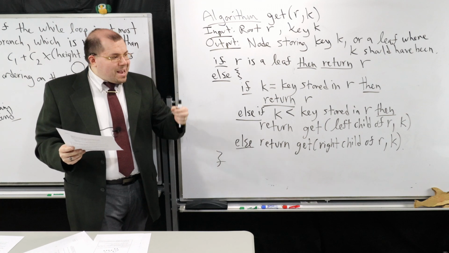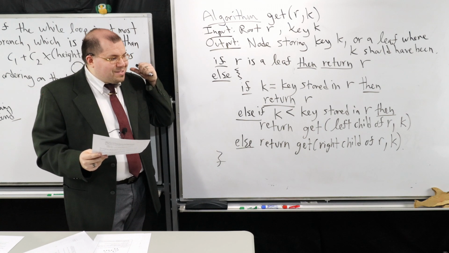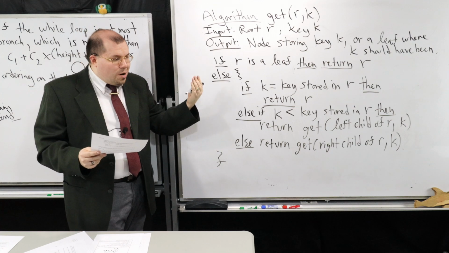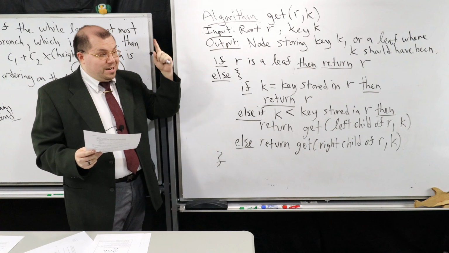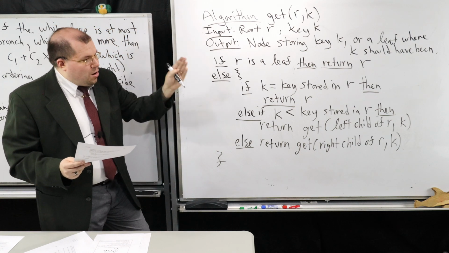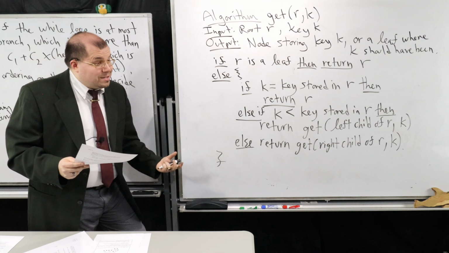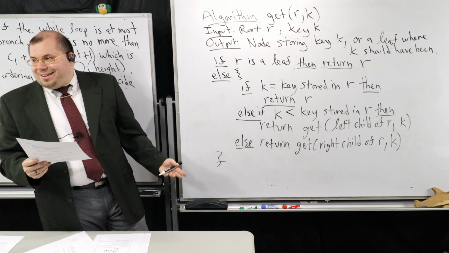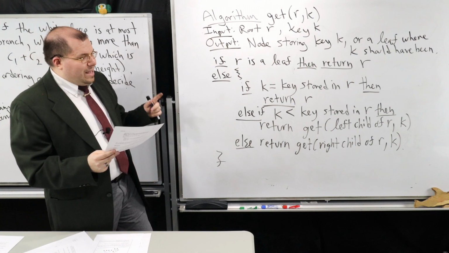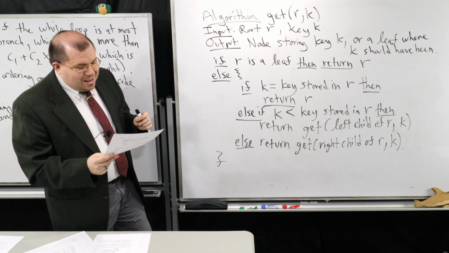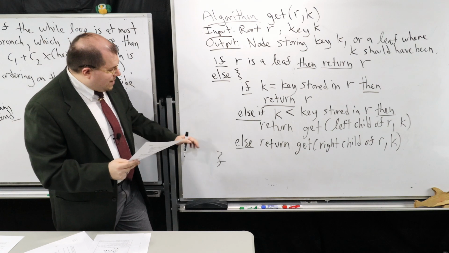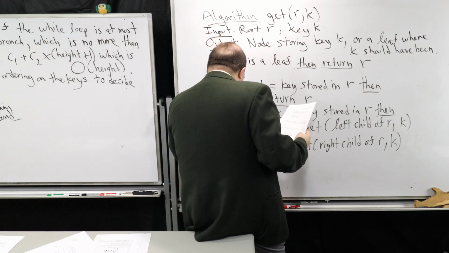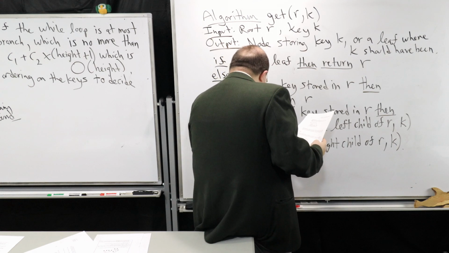It's the same thing we had with smallest. It's going to be at most height plus 1 calls. The initial call, and then imagine I go all the way down to a deepest node in the tree, which is at the level of height plus 1. So the time complexity for this one as well is big O of the height.